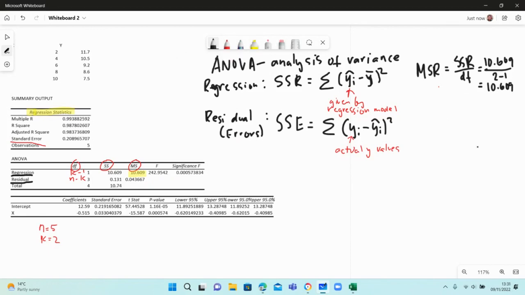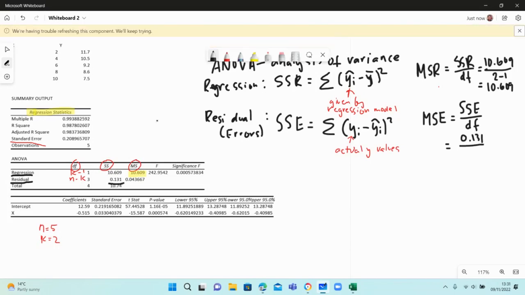Okay, so this is the mean sum of squares, or the average sum of squares for the regression part of the ANOVA. Now, just as there is an MSR for the regression part, there is also a corresponding average for the sum of squares, which is called MSE. And naturally, it will be formed by the ratio of SSE and the corresponding degree of freedom for the residual part of the ANOVA. In this case, SSE is given by 0.131, as you can see here.